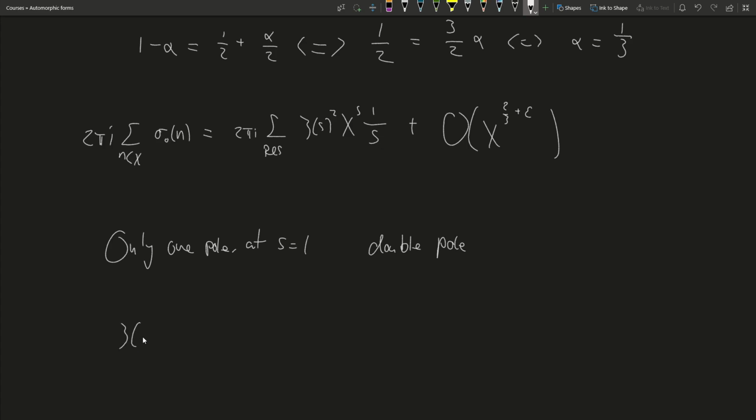The Riemann zeta function around s equals 1 has this Laurent series expansion: 1 over s minus 1 plus, and then the constant term is gamma, the Euler-Mascheroni constant 0.577..., and then you have O of s minus 1.